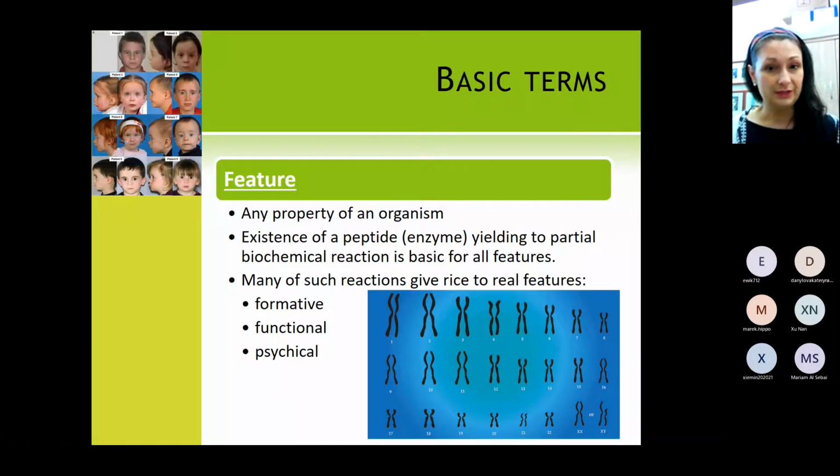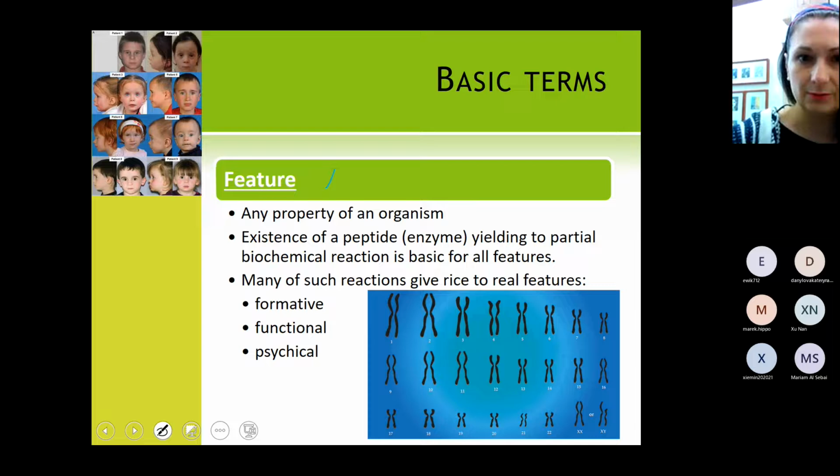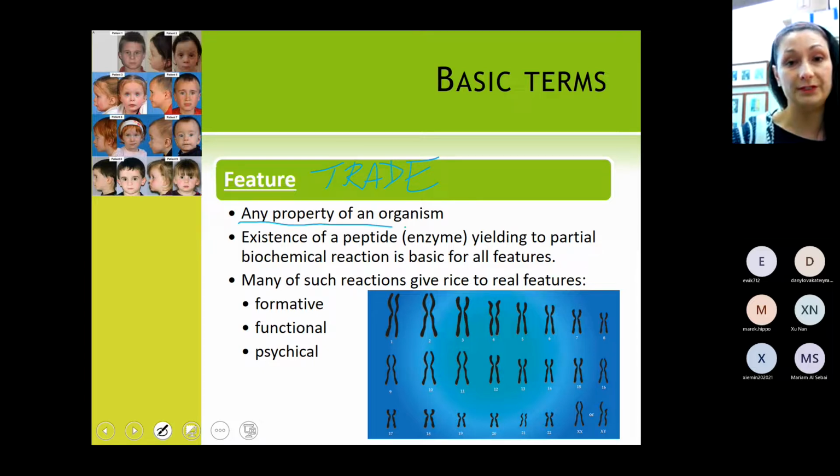So what about features? We have several types of features. In general, what is a feature or trait? Trait is maybe more common. This is in general a property of an organism, something which is characteristic for us.